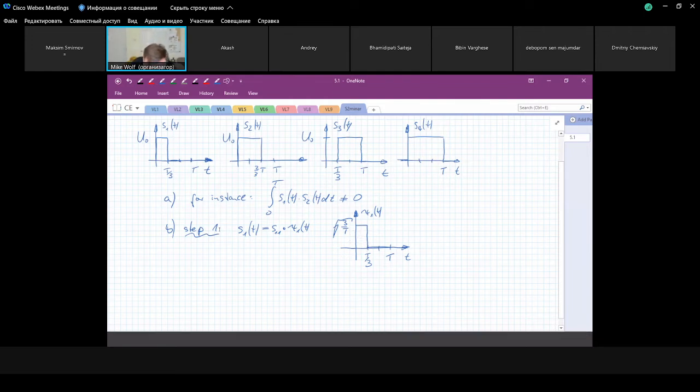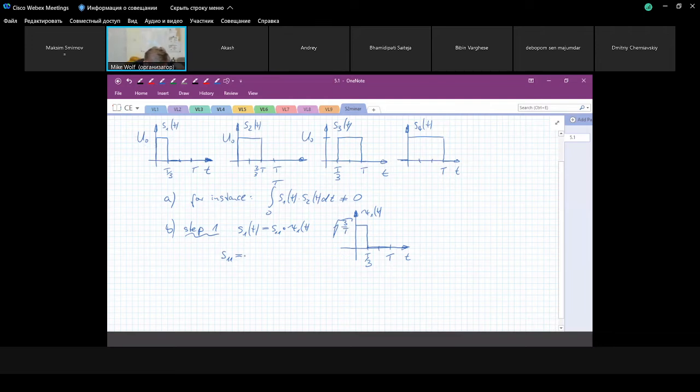And since the first signal is only a weighted version of the first basis function, we do not need to calculate S11 in a complicated way, because we need just to weight psi1 of t and not another basis function in order to obtain S1 of t.